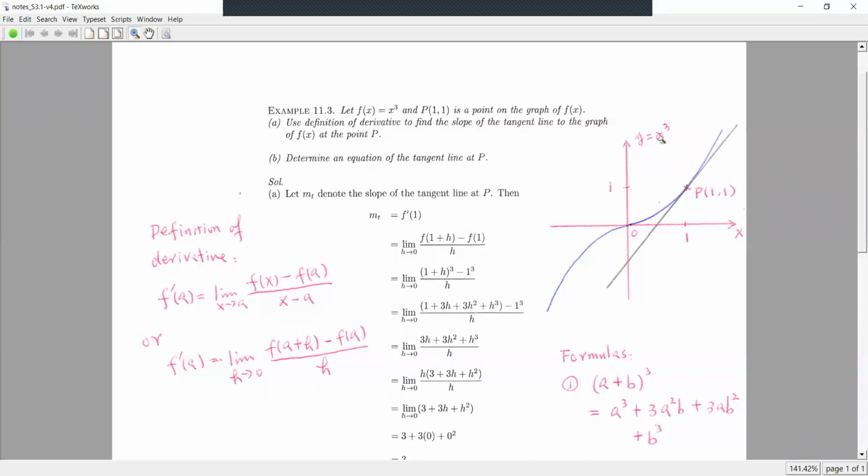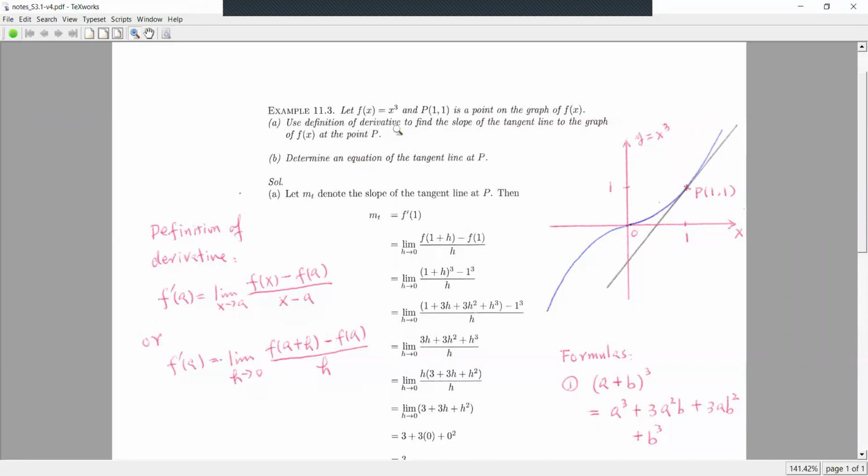Plugging 1 in x, then 1 to the third is 1. So the function value at 1 is 1. Part A. Use the definition of derivative to find the slope of the tangent line to the graph of the function at the point P. At the point P, there is a tangent line.